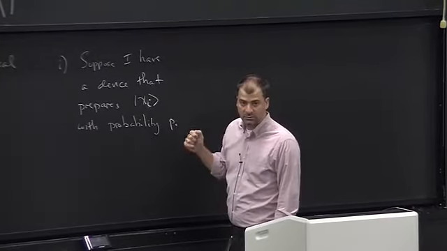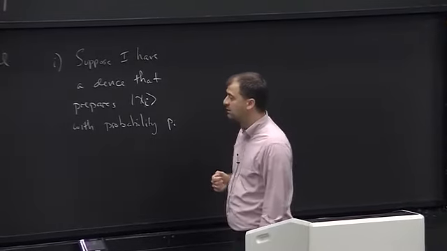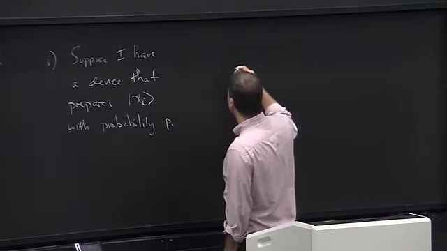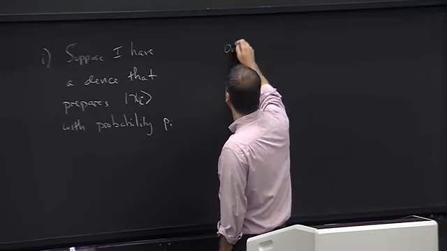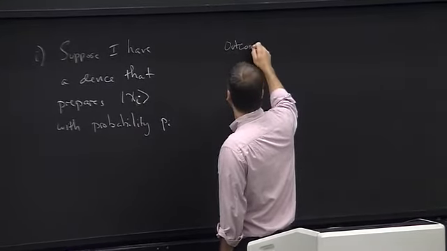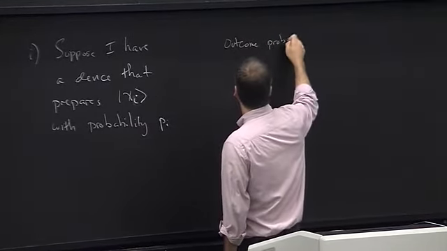Using axioms 1 and 2, given preparations, we get outcome probability.